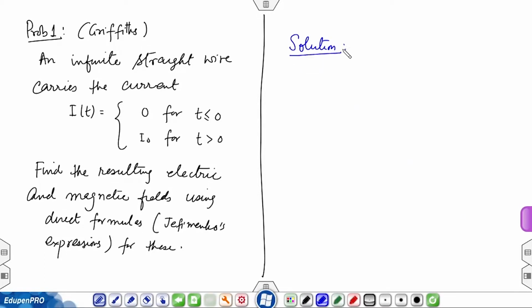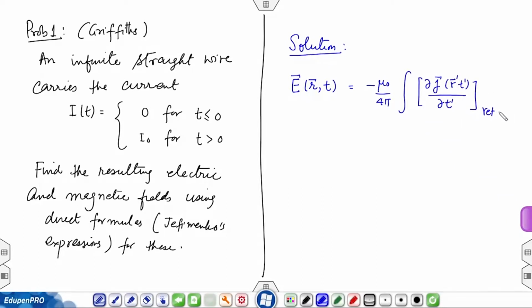Solution. The way direct formulas work is that E at r at time t is given as minus mu 0 over 4 pi integration of dJ at r prime t prime over dt prime, and this is calculated at retarded time, times 1 over modulus r minus r prime dv prime, that is one term, plus 1 over 4 pi epsilon 0 integration of rho r t prime gradient with respect to prime variable.